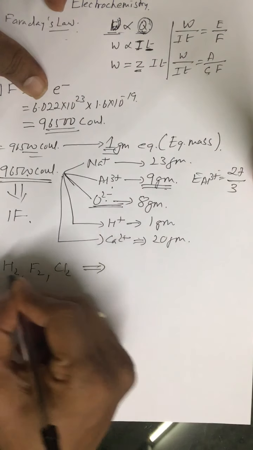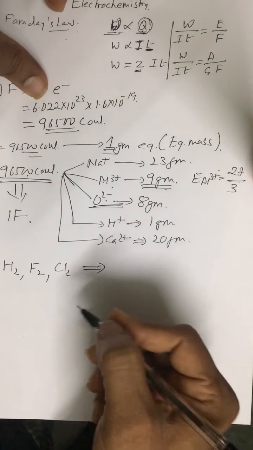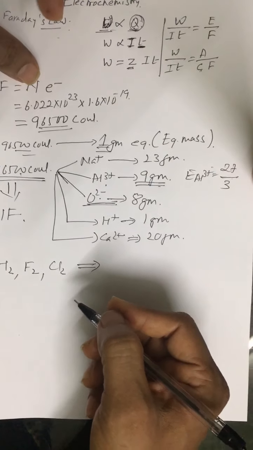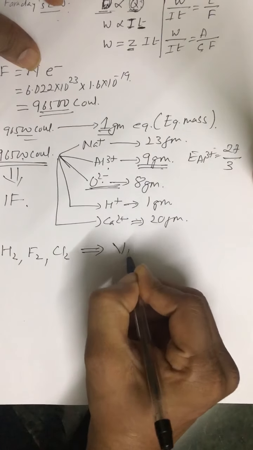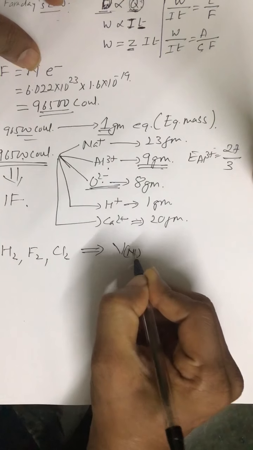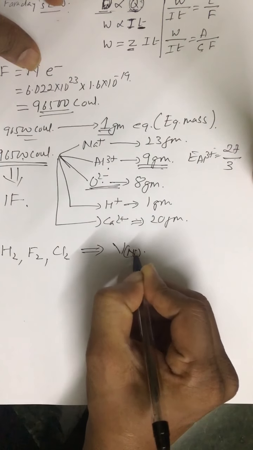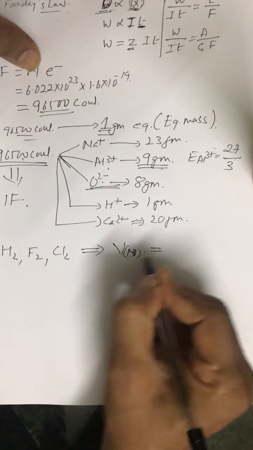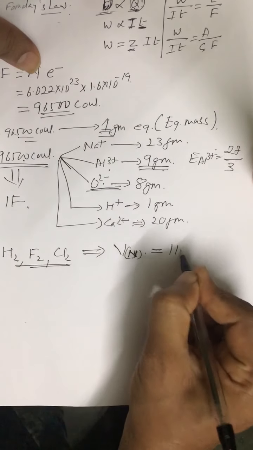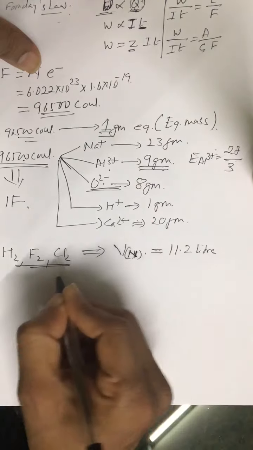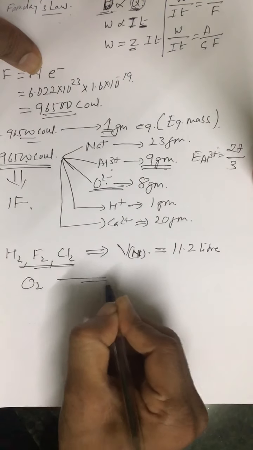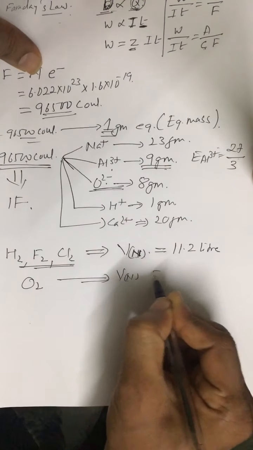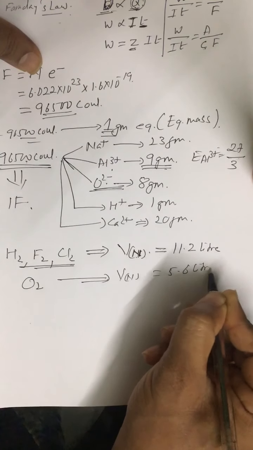If volume is asked, remember Vn, the volume of 1 gram equivalent of gas. For these gases, this value is 11.2 liters, and for oxygen, this value is 5.6 liter.